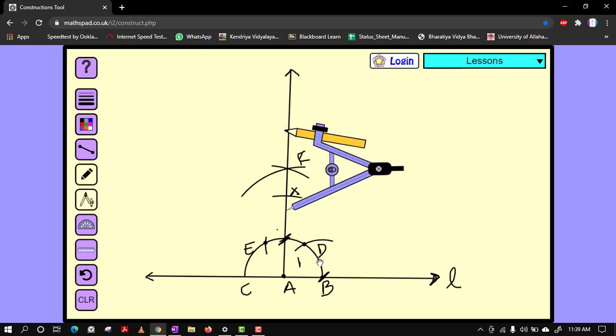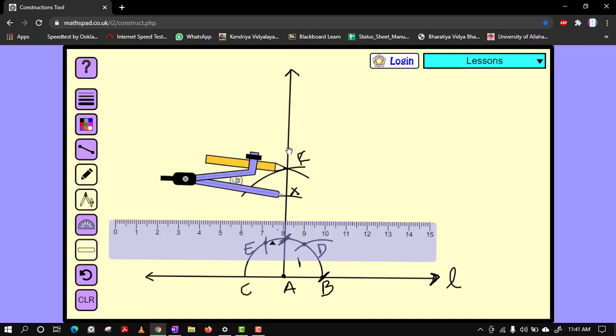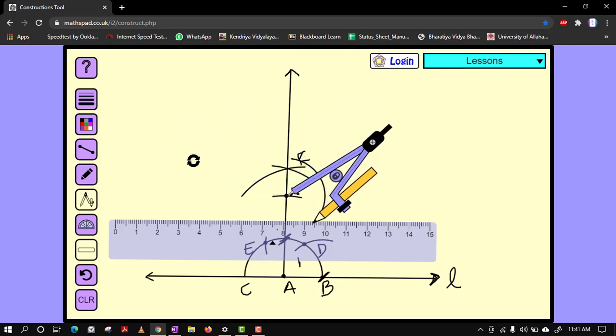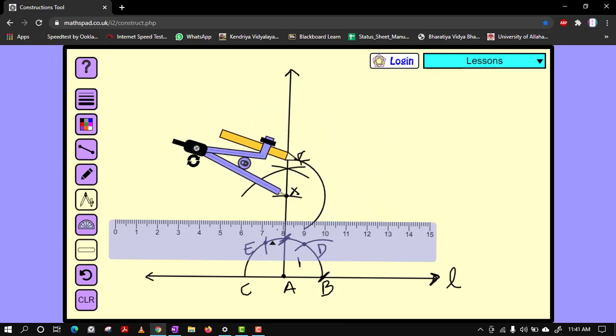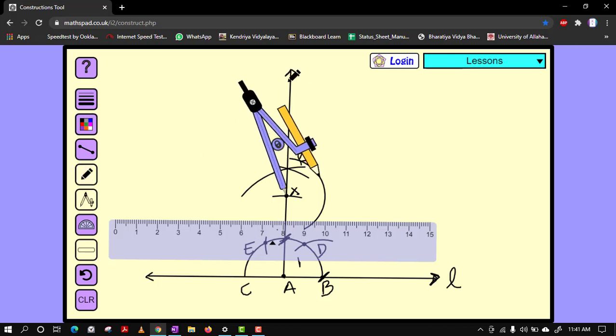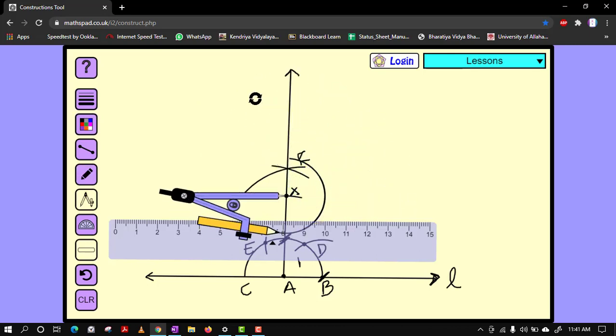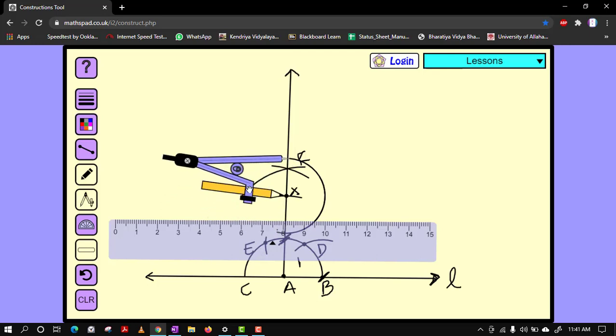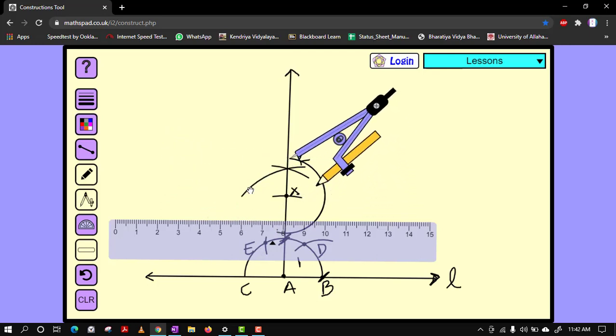By keeping the compass on X, again let's make that angle. So this is done. Now let's make the first arc of 60 degree.